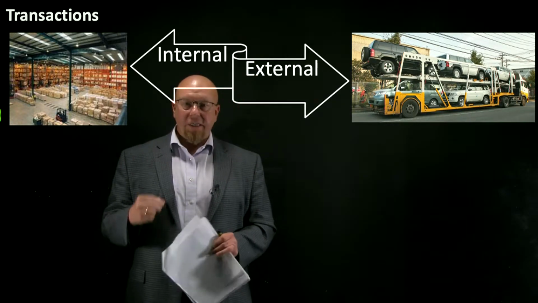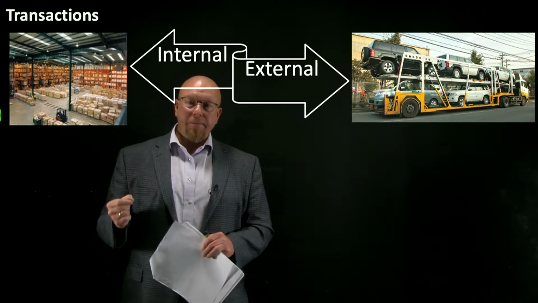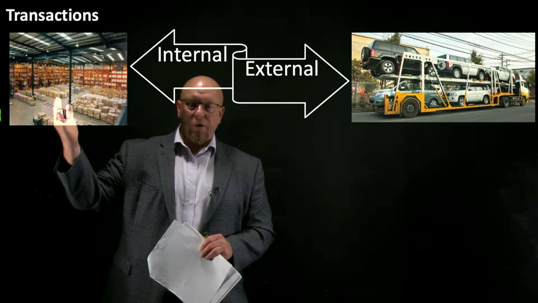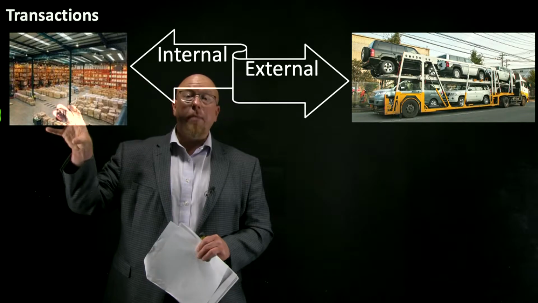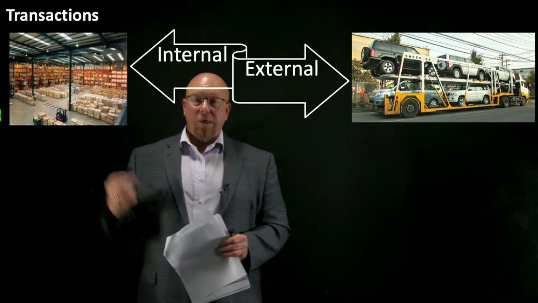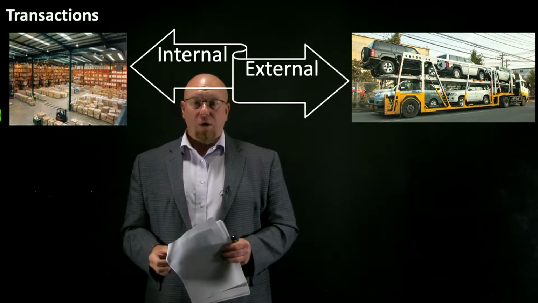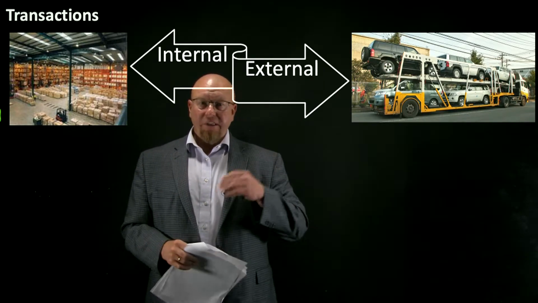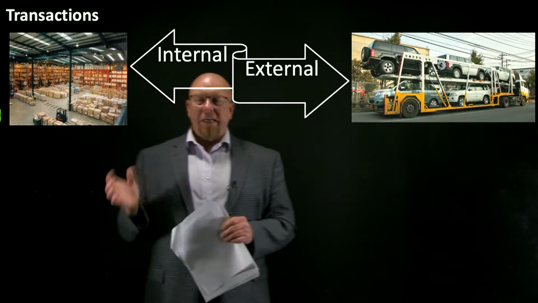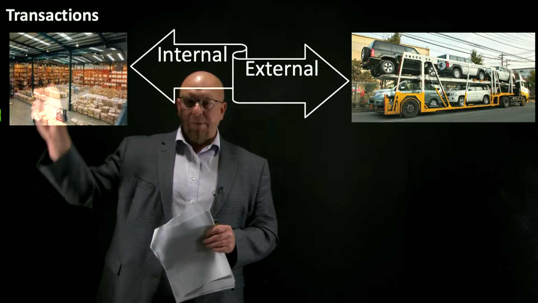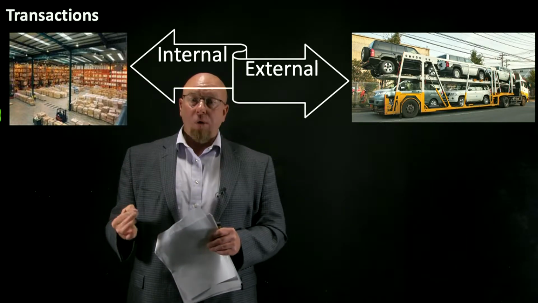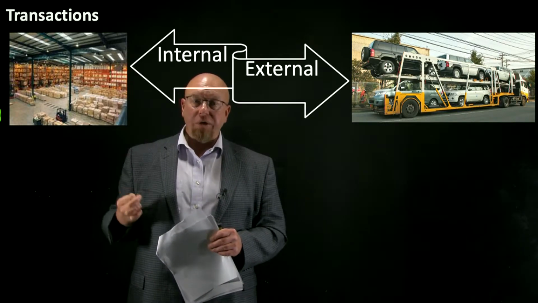So a transaction that a business needs to record might be as simple as internally, they move some inventory from, let's say, raw materials and put it into production, so it goes into a different asset account called work in process, and then eventually becomes a finished good. Those are just a few basic examples of transactions that could happen within an entity that still need to be recorded because things are moving around internally.